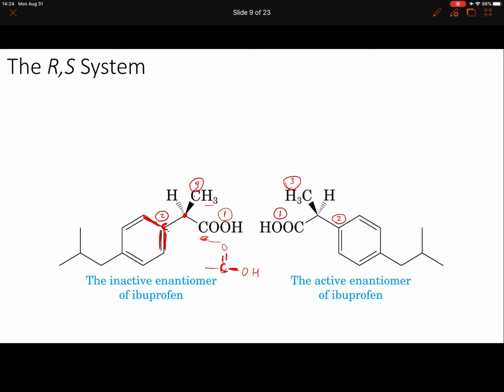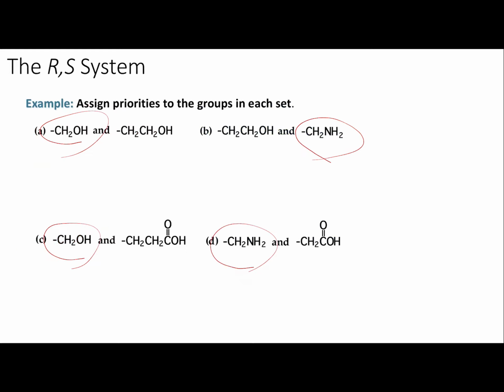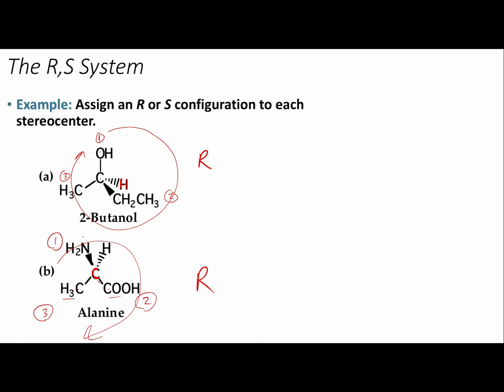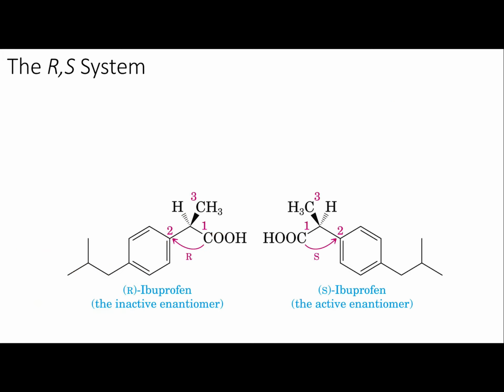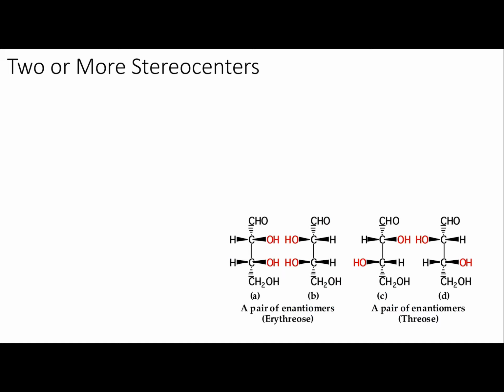So then 1, 2, 3, clockwise, R. 1, 2, 3, counterclockwise, S. So that's how we decide S versus R in terms of the stereocenters or the configurations of a set of isomers with only 1 chiral center. Now you can have more than 1 chiral center, which makes it even more complicated. So let's take a look.